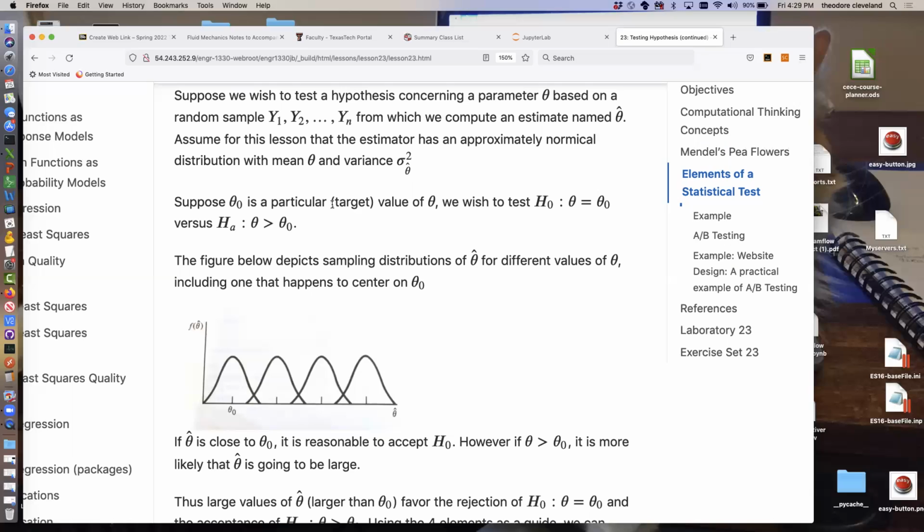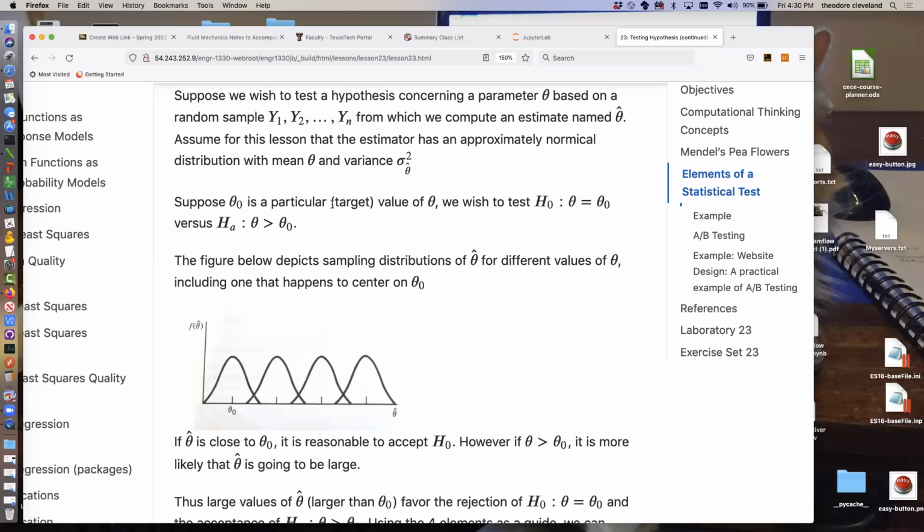I postulate that the population parameter is equal to theta sub 0. That's my postulation. That's Mendel's decision, 75% purple. And I further postulate that if that's not the case, my alternative hypothesis is that the population parameter is bigger than theta 0. So how many tails is that test going to have? One. Yeah.